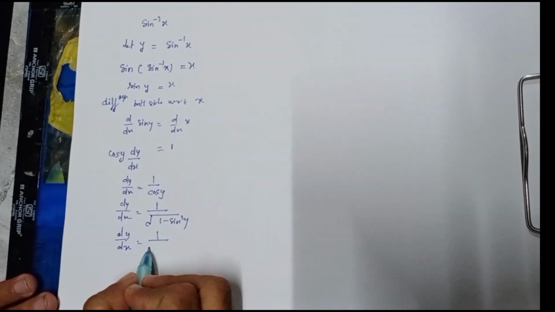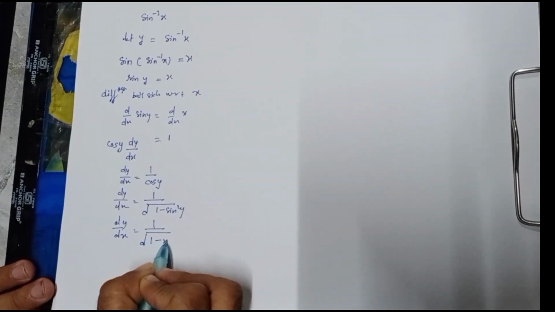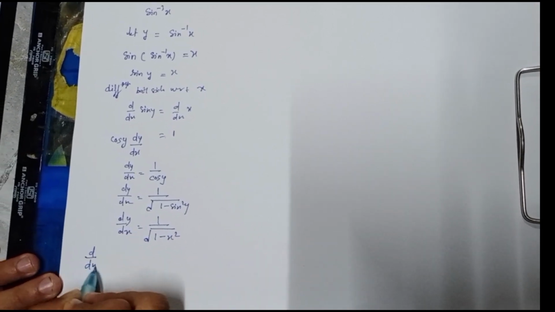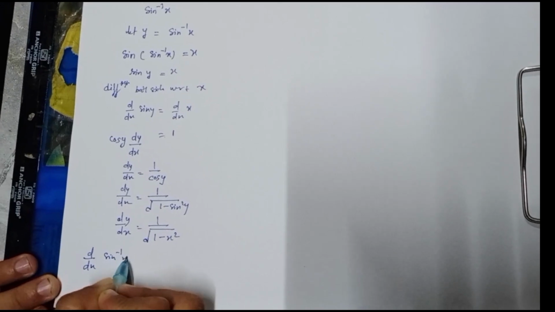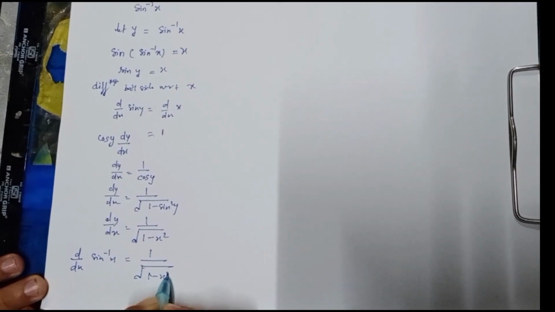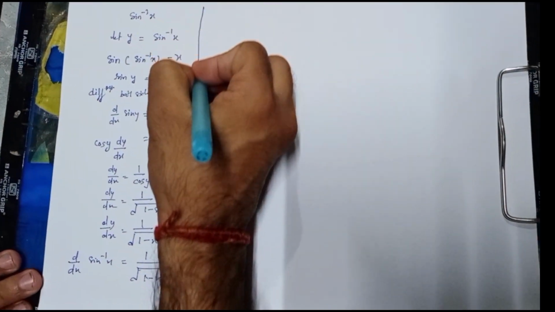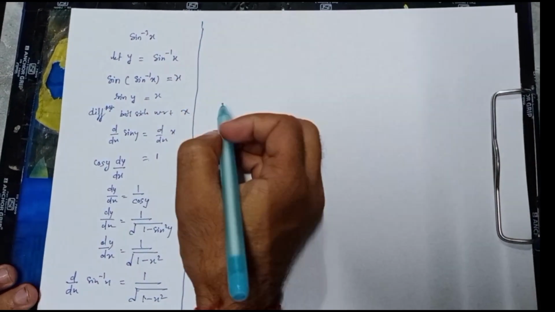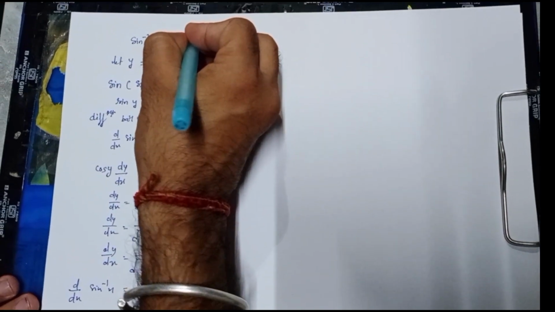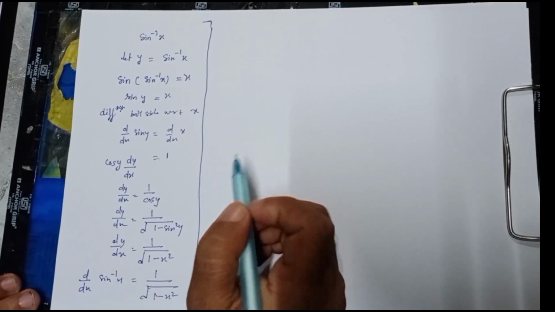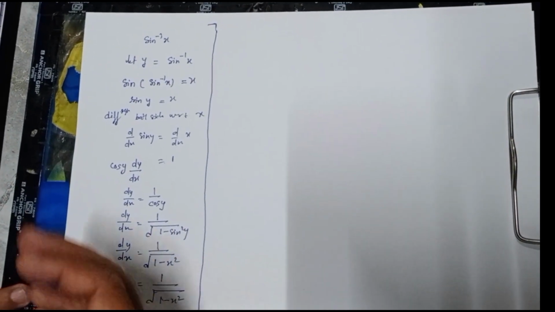Dy by dx is equal to 1 upon under root 1 minus x square. This is the differentiation: d by dx of sine inverse x is equal to 1 upon under root 1 minus x square. This differentiation of sine inverse x has a great role while attempting the questions in exercise 5.3 of the NCERT textbook.